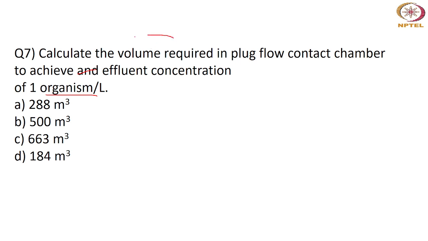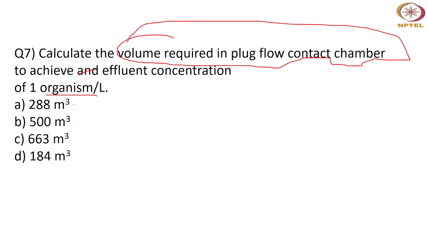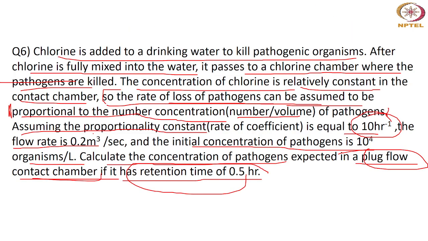We have to find out the volume required for the plug flow contact chamber. What is the volume in the unit of meter cube to achieve how much concentration of the pathogens, that is 1 microorganisms or 1 organisms per liter. So this is basically the question. To find the volume, this is the data.